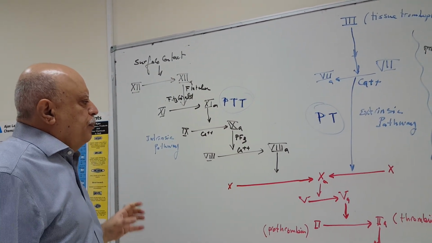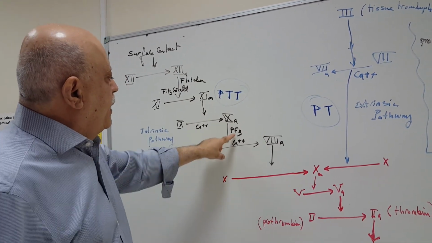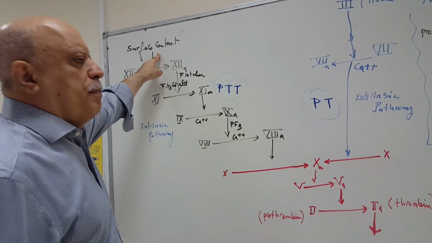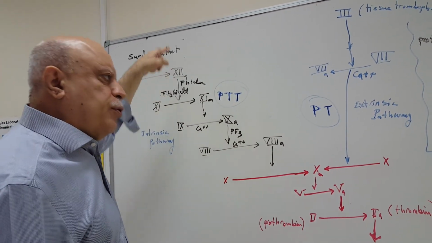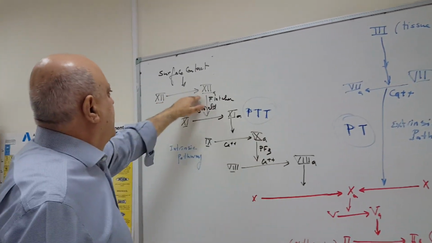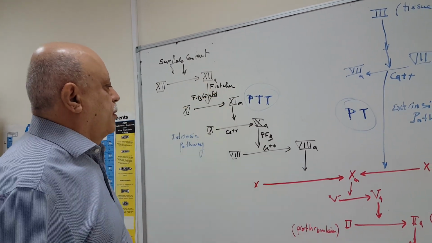All we have to do then is take the plasma and add the platelet phospholipid and the calcium. The surface contact will be provided by the glass tube. The glass tube is negatively charged and activates factor 12 along with the Fletcher and Fitzgerald factors.